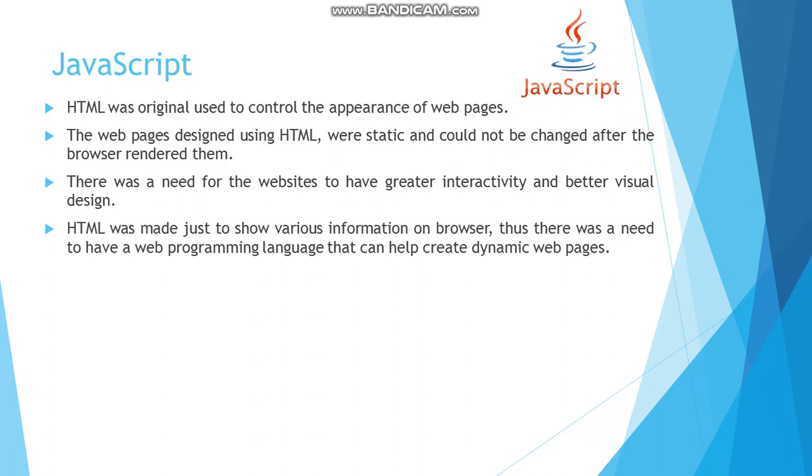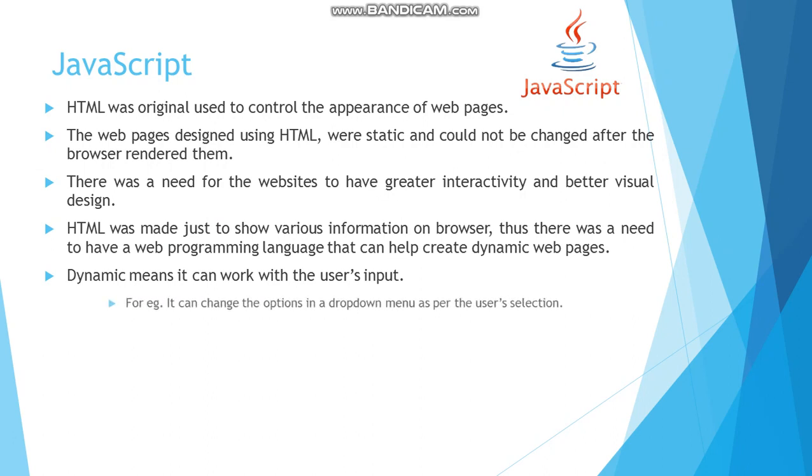HTML was made just to show various information on the browser. Thus, there was a need for a web programming language that can help create dynamic web pages. Dynamic means it can work with the user's input. For example, it can change the options in a drop-down menu as per the user's selection.